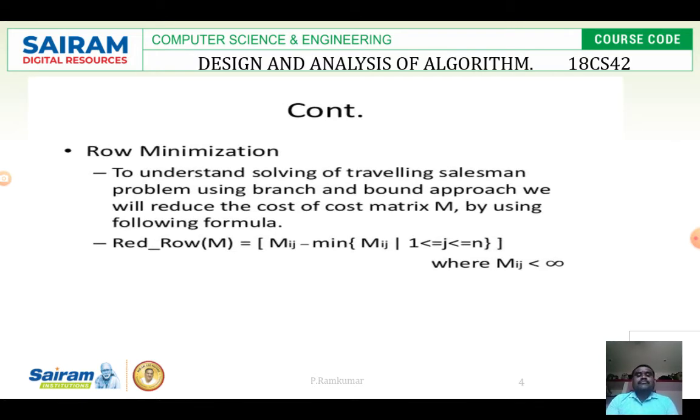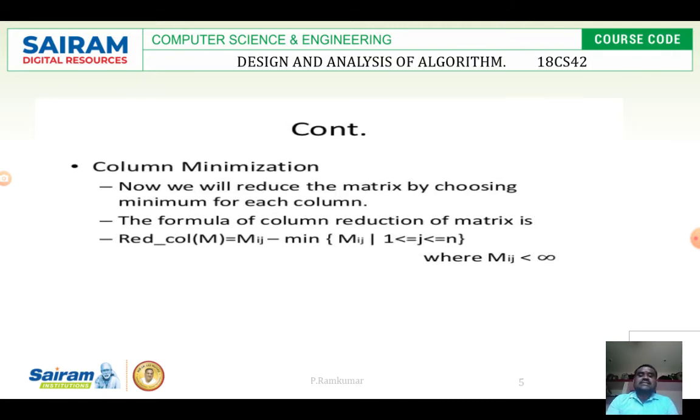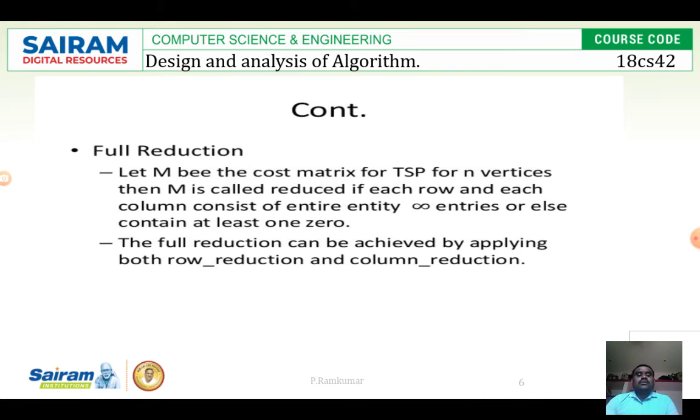This is the formula which we have discussed, and the next method is column minimization. In column minimization, we use another formula like the row minimization: reduce column of M is equal to Mij minus the minimum of Mij, such that the j value lies between 1 and n, where Mij is less than infinity. First we reduce the column, then we reduce the row.